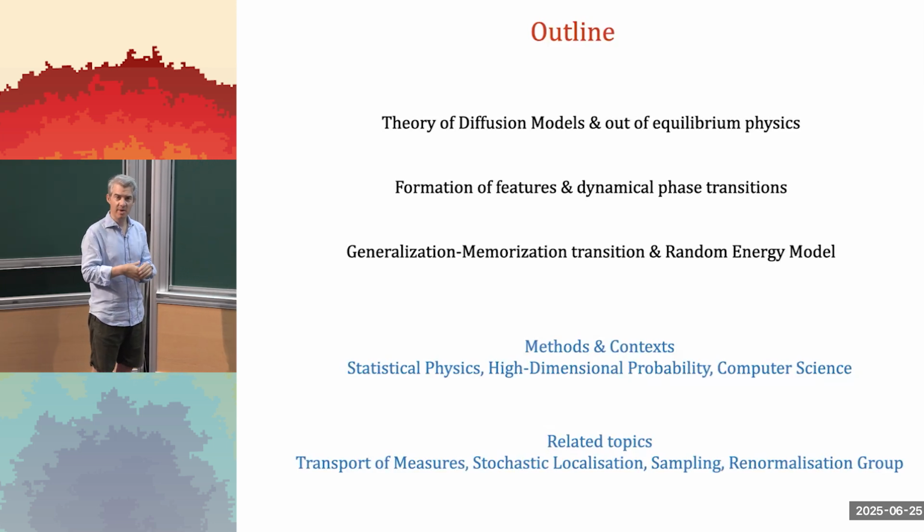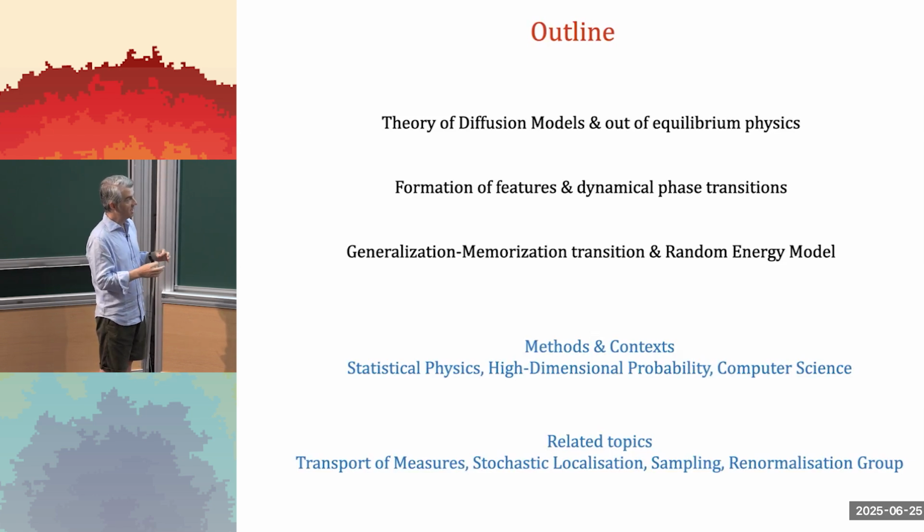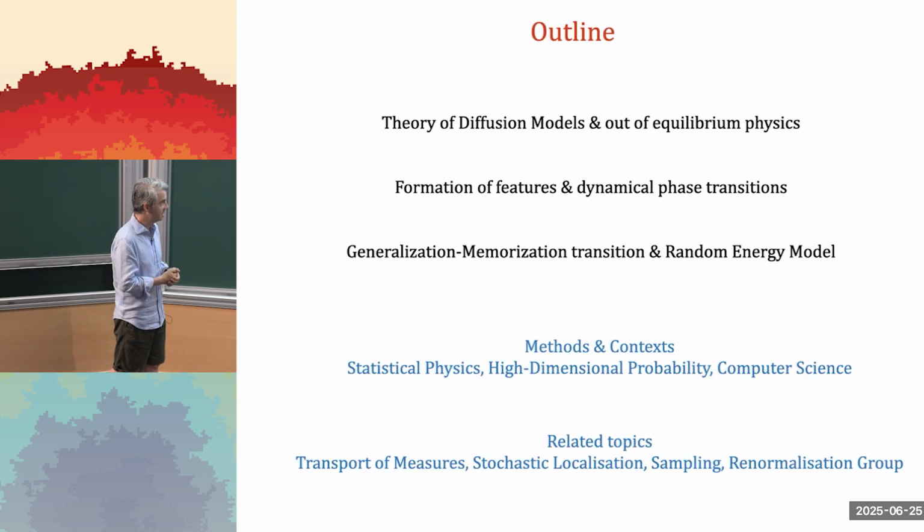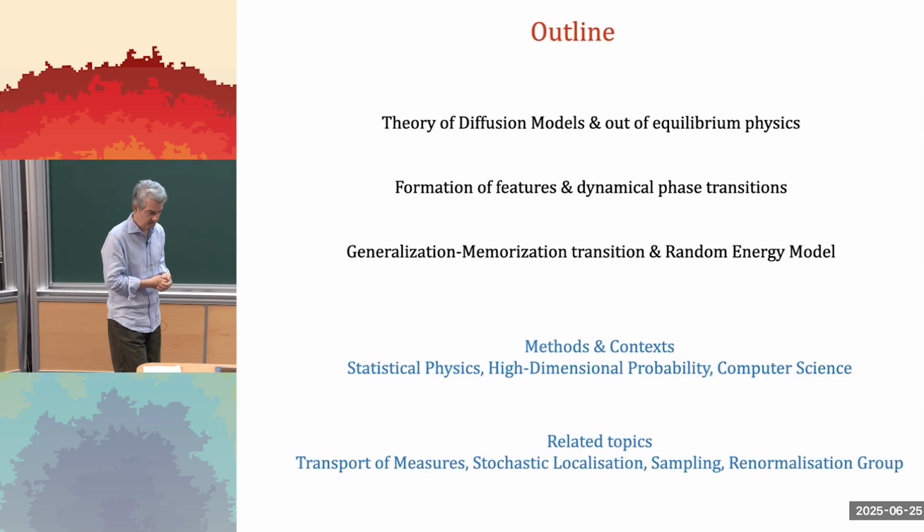It's related to sampling. Many people start to study this to perform new ways of doing sampling. And there is a very, very nice relationship with the renormalization group, which is not really completely related to the main topic of my lecture, but since it's so nice, I'm going to spend at least 10 or 15 minutes to tell you about this.